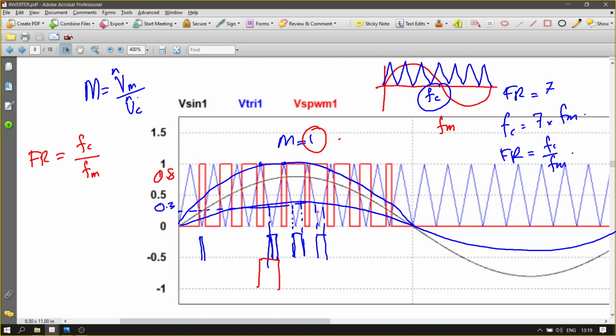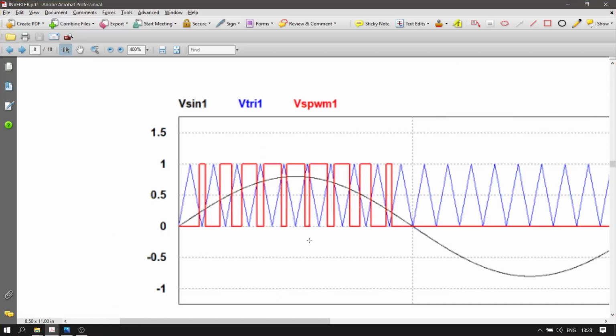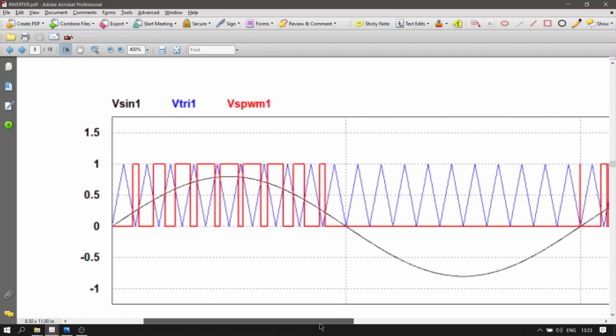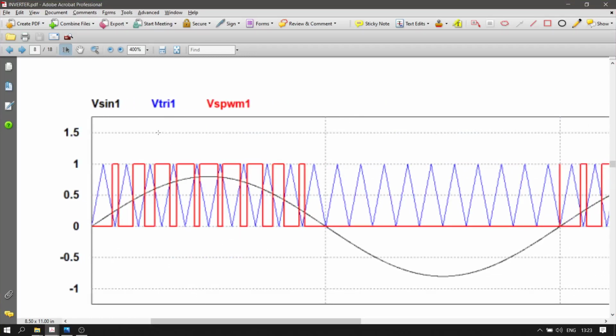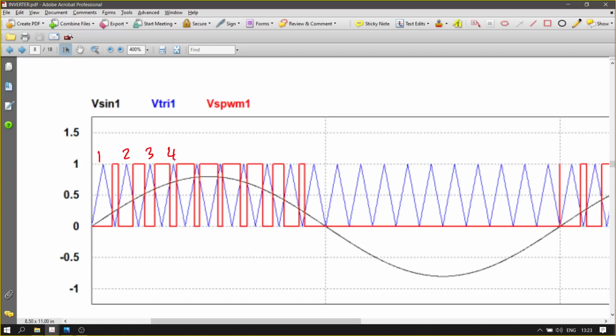If you look at the examples here in the notes, if I want to determine the frequency ratio here, I can easily count. I have 1, 2, 3, 4, 5, 6, 7, 8, 9, 10, 11, 12, 13, 14, 15, 16, 17, 18, 19, 20, 21.